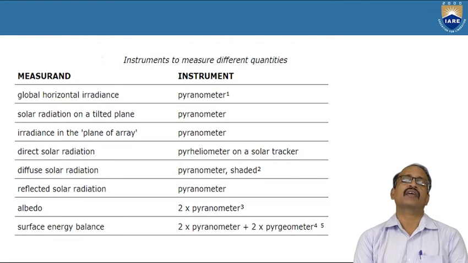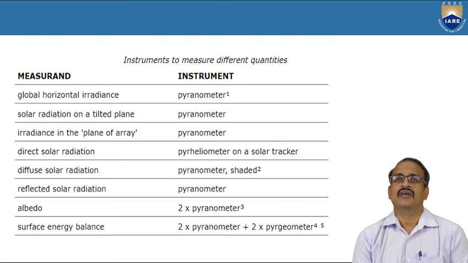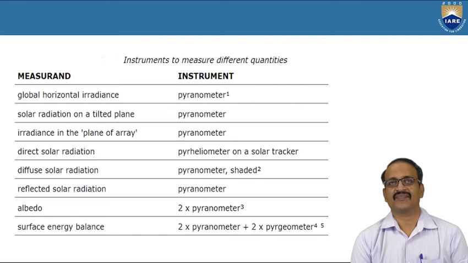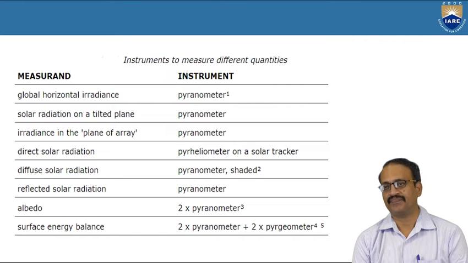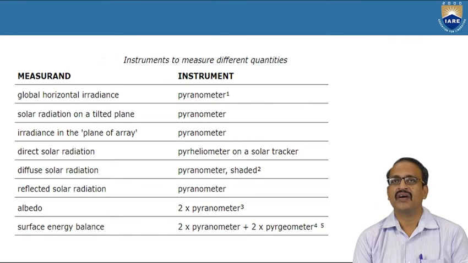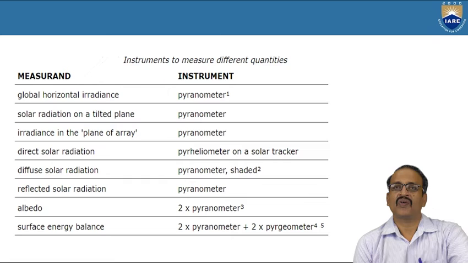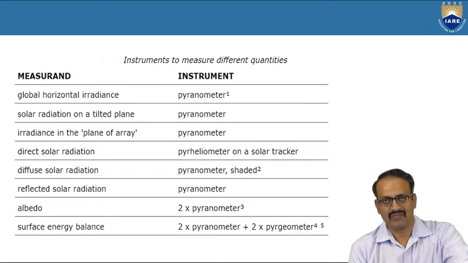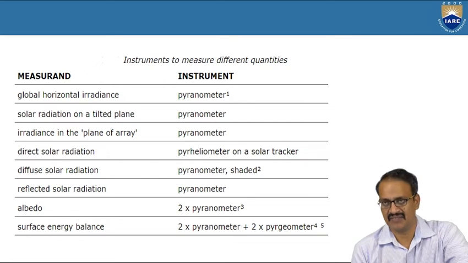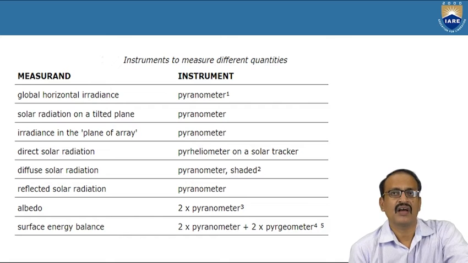So we have here in this table global horizontal irradiance. If you want to measure the global horizontal irradiation, you are going to use the pyranometer. Solar radiation on a tilted plane: in the name itself, it is tilted. It is not direct incident.